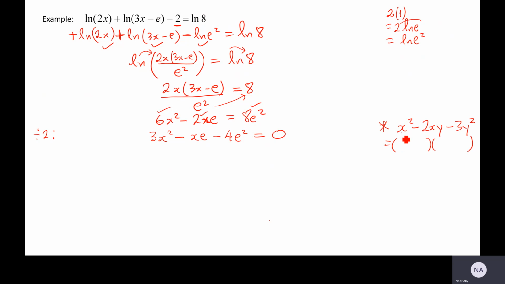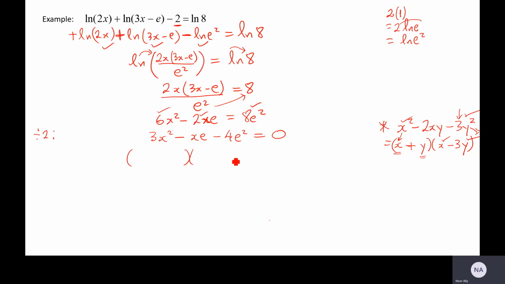Except my variables, the first will be an x, and the second of the bracket will be a y. And then the factors of 3 are 1 and 3, so I can write this as minus y, plus 3y, and of course that will become a plus. So look at the variables there, coming from the x squared and the y squared, and putting that in brackets, the first will be x, the second will be y.